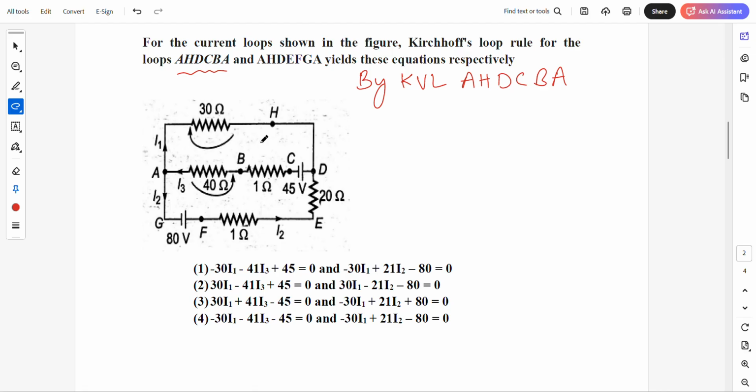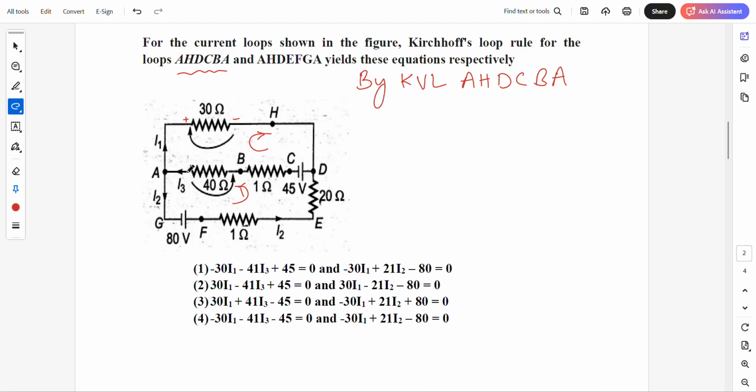Now this is the current they have given, flowing like this in the clockwise direction. They have given the direction of current as clockwise. Where the current is entering, that side is plus and the other side is minus.